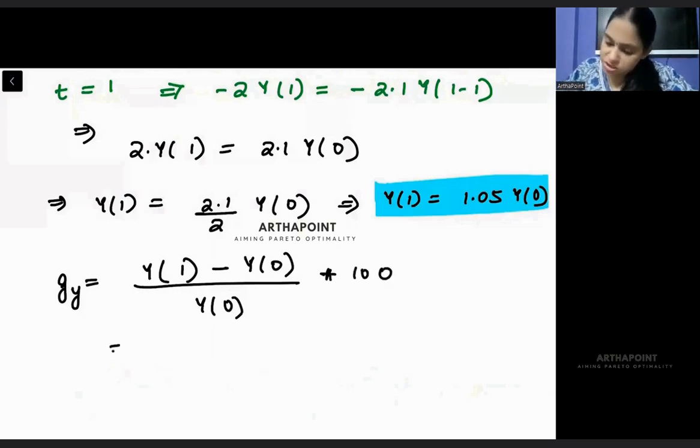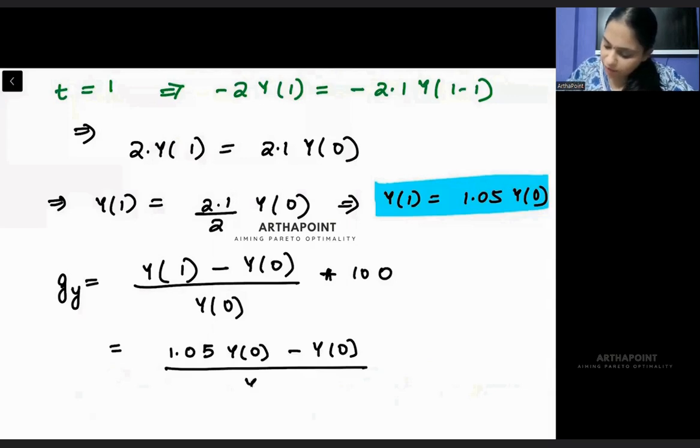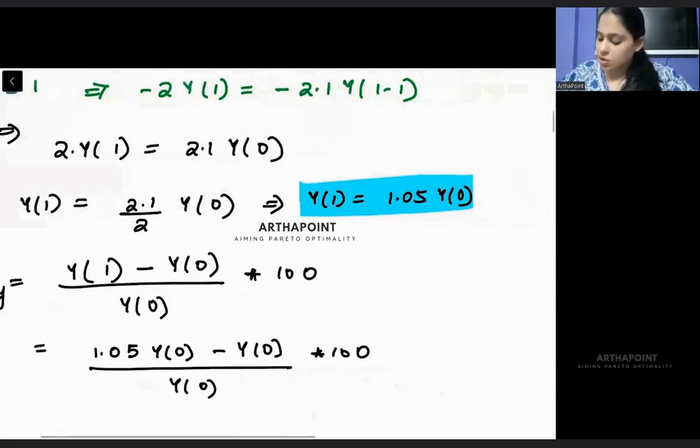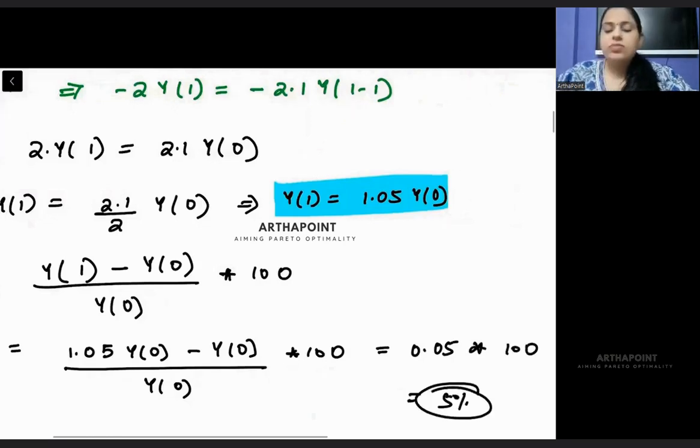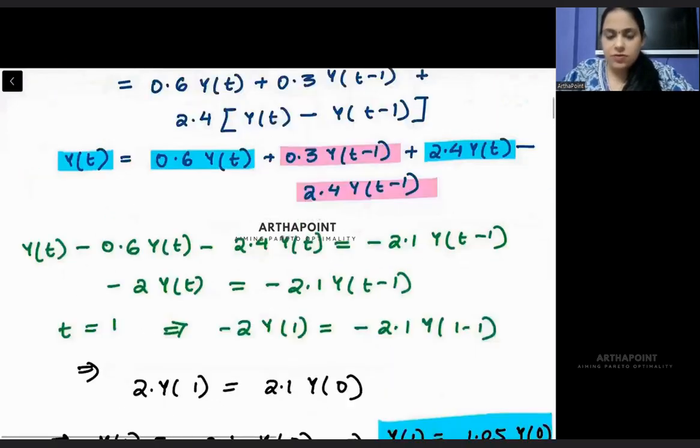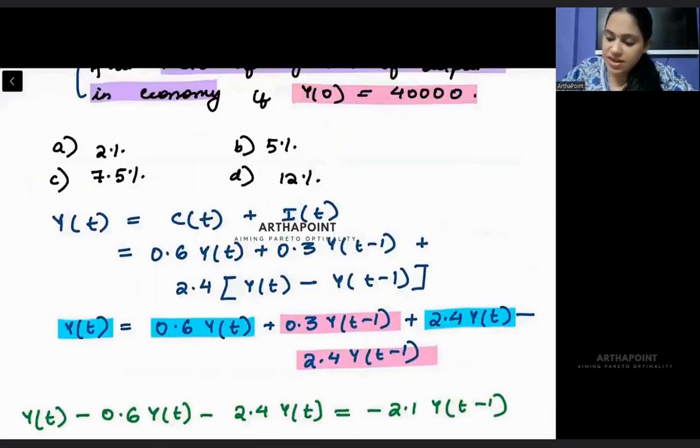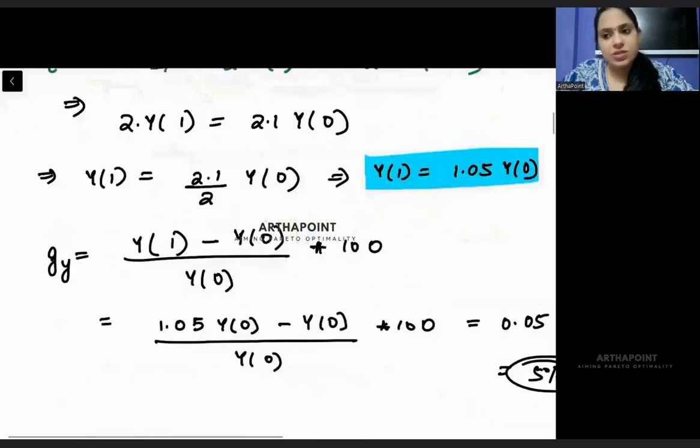So this is going to be 1.05 y0 minus y0 upon y0 into 100. Right? So this is going to be 0.05 into 100, and this will be 5%. So the correct answer for all the students who have marked 5 is correct. The correct answer to this question will be 5%.